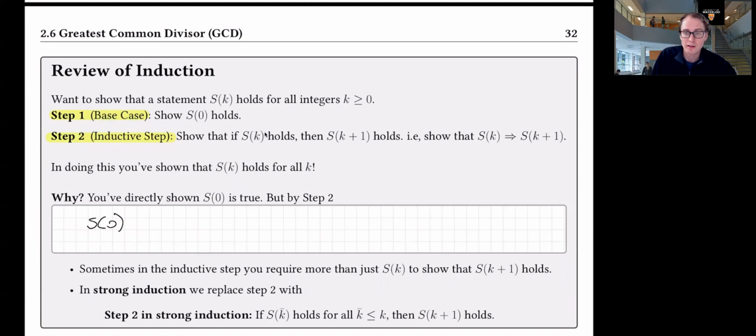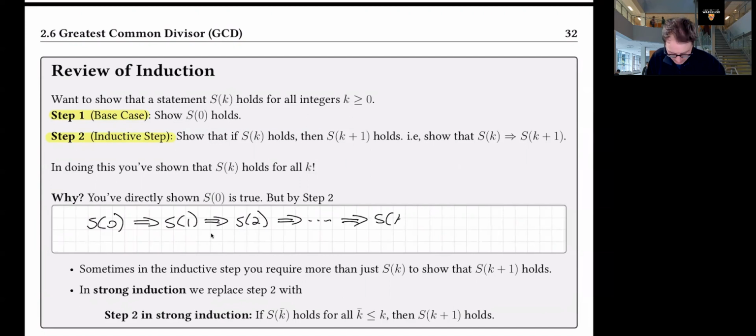Through your inductive argument, that shows that if it held for S0, then it held for S1, right? That gives you this implication. But then now that you know it holds for S1 and you apply your inductive step again, that shows you that it holds for S2. And that just continues along, right? And you've shown that it holds for all Sk.